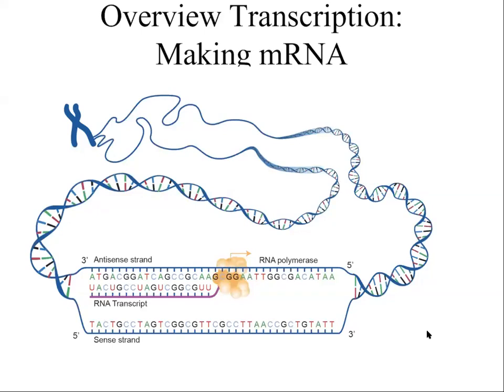Well, just like in DNA replication, RNA polymerase can only build the new RNA strand in the 5' to 3' direction, so that new nucleotides will get added to the 3' end of the growing RNA strand. But RNA polymerase can unwind it, it can unzip it, it can hold it open, and then it will continuously make RNA until it hits that termination sequence.